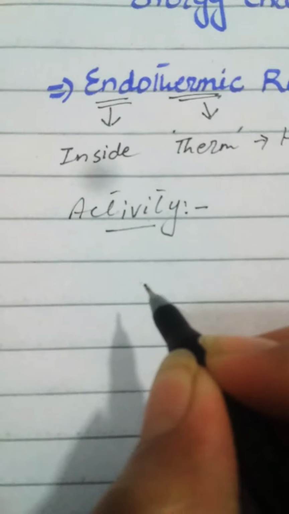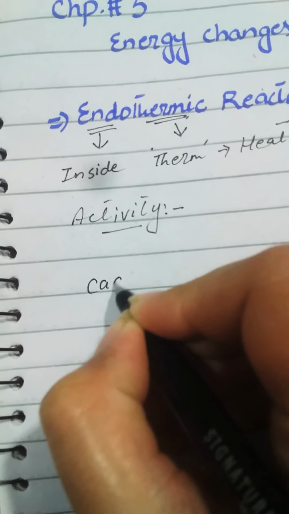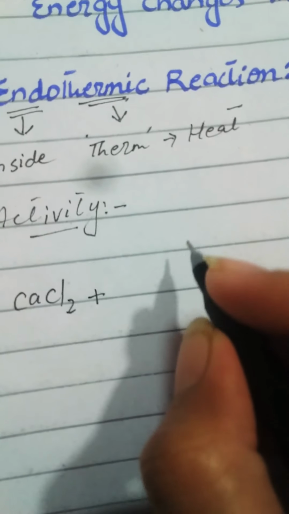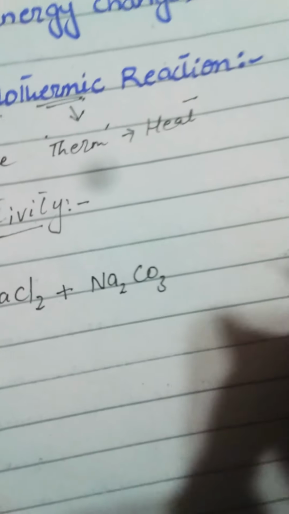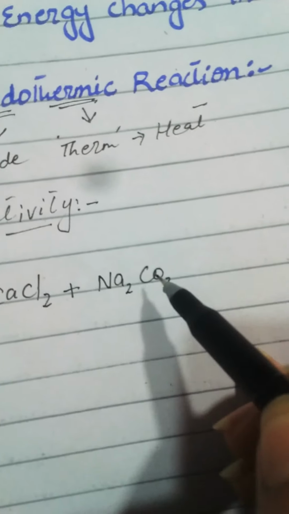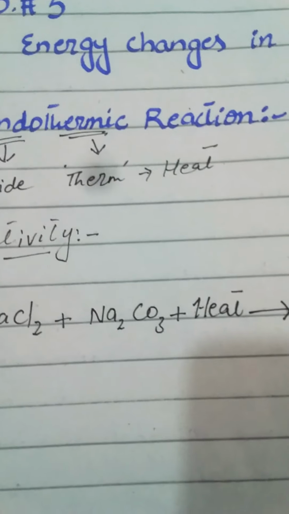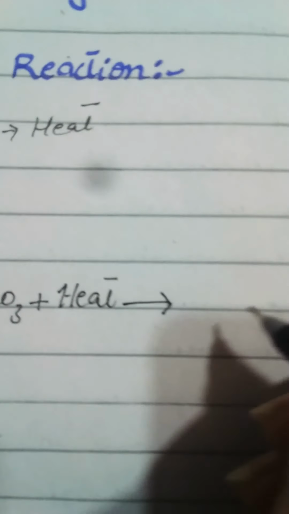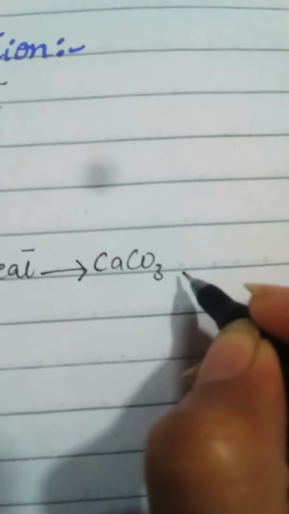Okay, let us take the equation for this reaction. As you know, we added calcium chloride and we added sodium carbonate solution, Na2CO3, and this reaction got the heat from the surroundings and this was changed into calcium carbonate and forming sodium chloride.